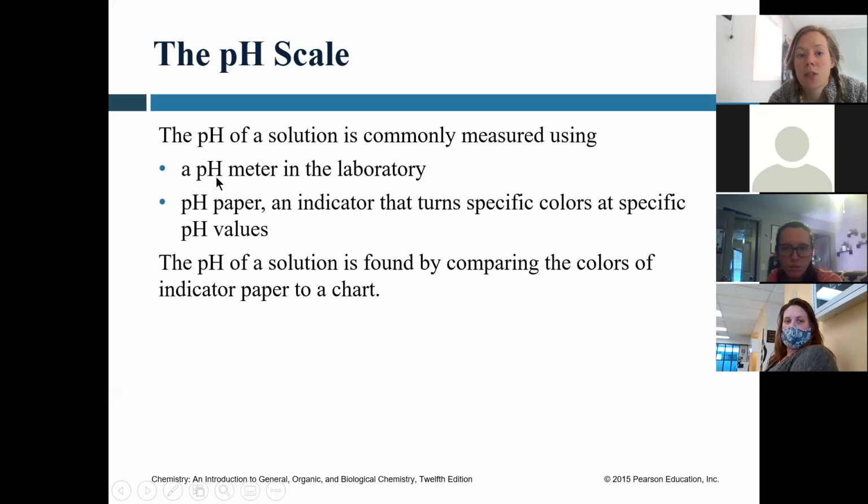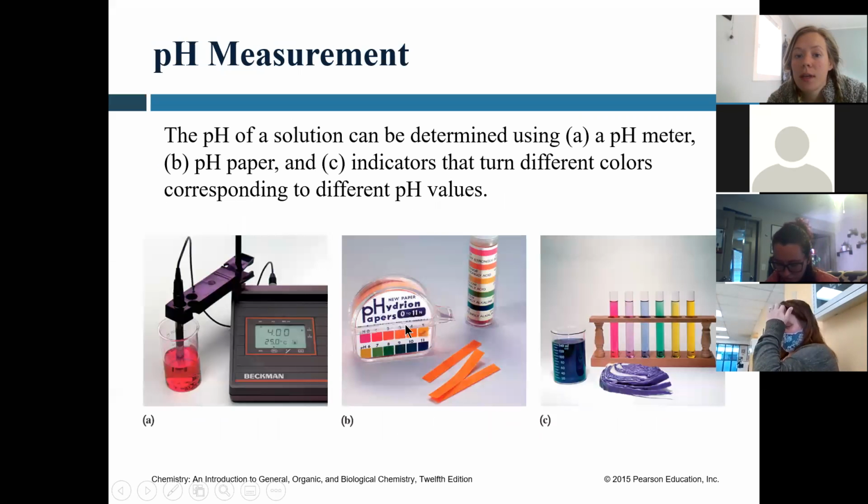So how do we measure pH? We can use a pH meter in the lab. You can use pH paper, which will change colors based off of pH. There's a lot of materials out there. This down here at the end, cabbage juice, that's a piece of cabbage. They cook cabbage in water and you get this nasty smelling juice.